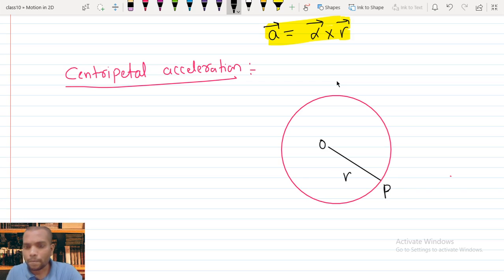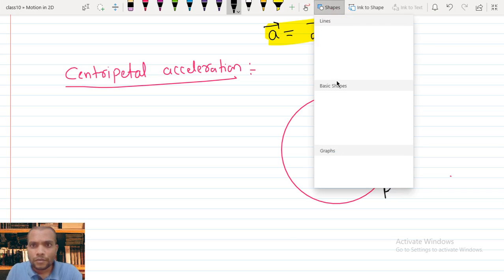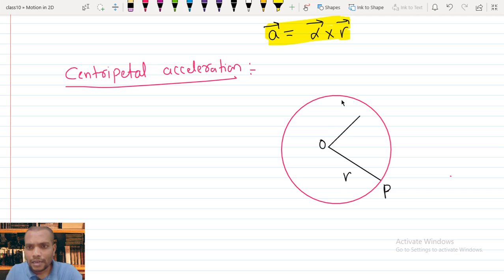This is related to point P. If an object is moving in the circle, after some time the object reaches a point Q here, and this we define as delta theta, the angular displacement.